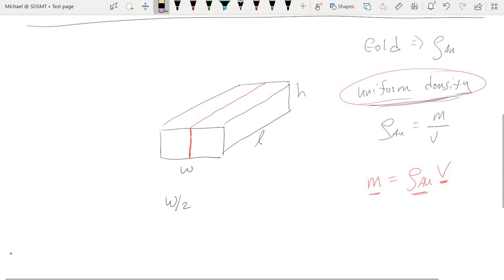Then we try the same thing along the length of the brick. So I'll go halfway down the length of the brick and we'll cut it in half. Do I have the same amount of mass on either side of that cut? And because our length was cut in half, we've got equal lengths on each side.